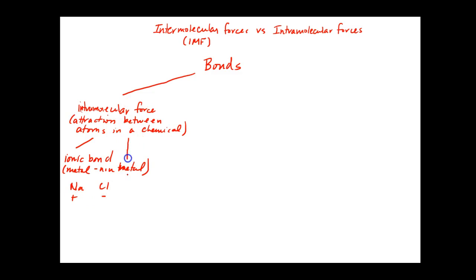The other type of bond we've been talking about, and I'll draw that down here, is a covalent bond. In the covalent bond, we have less of a difference in electronegativity. In fact, the atoms cannot completely pull off electrons, and instead they share the electrons.